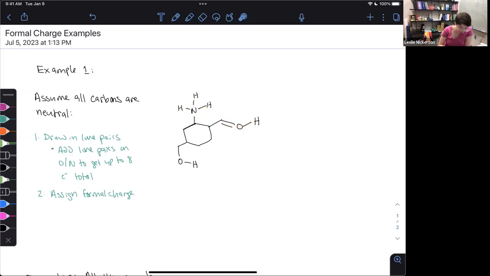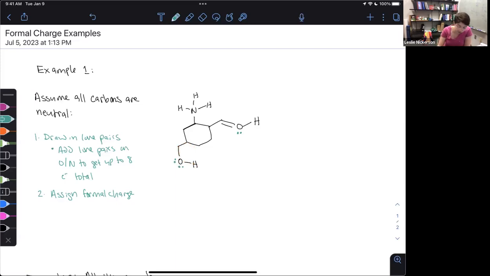So that has 6 electrons around it currently. To get up to 8, we would need 2 more, which is going to give us 1 lone pair. For this oxygen down here, we've got 2, 4 electrons in bonds, which means we're going to need 2 lone pairs to get it to 8 with that full octet.